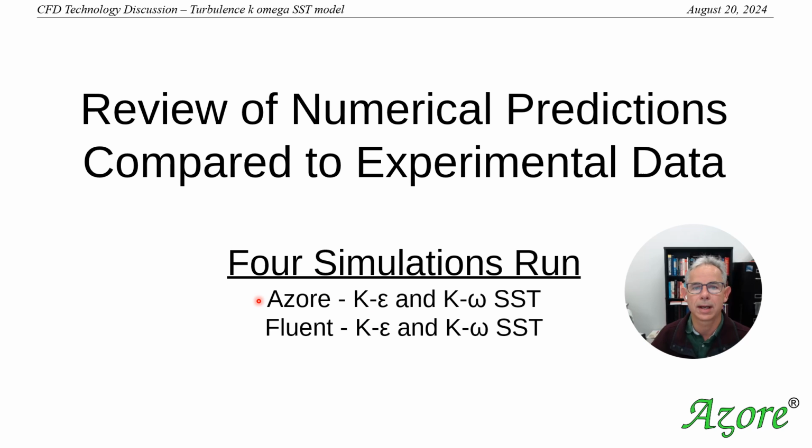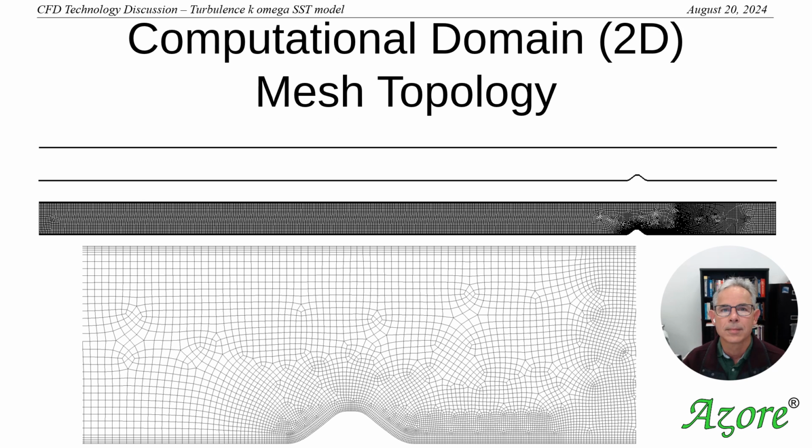Here we're going to look at solving this problem using Azore, the software package I developed, with the K epsilon turbulence model and the K omega SST turbulence model. We're also going to look at the predictions for the same case and same setup using Fluent, also using the K epsilon turbulence model provided by that software package along with the K omega SST turbulence model. So that's the objective. That's what we really want to look at here.